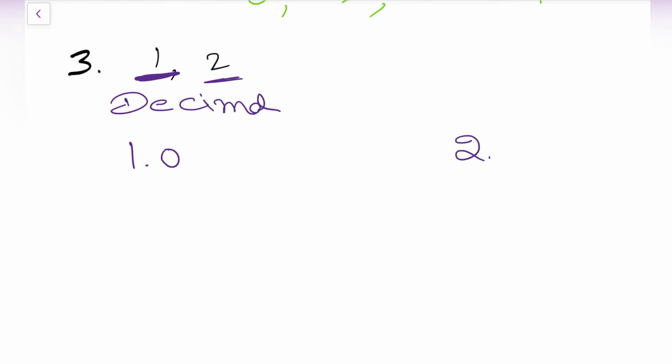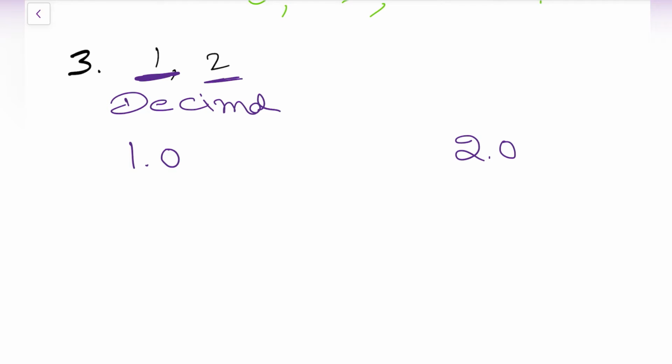The first method is writing the decimals. We have the first number 1. That 1 I am writing as 1.0. And the next number 2, that 2 I am writing as 2.0.